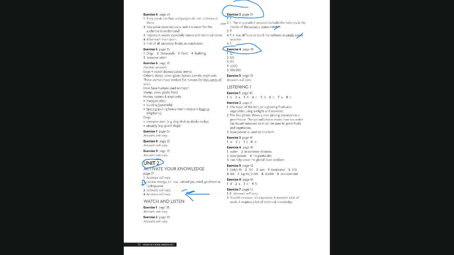The only choices are water and traditional farming. And traditional farming, they don't really use, I guess, solar energy, maybe. I don't know. It's kind of a weird question, but it's just according to the lecture part. Number 2, in extreme climates. Number 3, solar power. Number 4, no pesticides. Number 5, can help solve the global food problem.